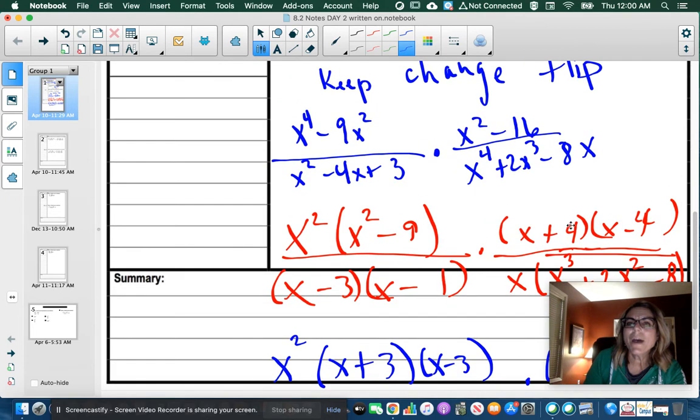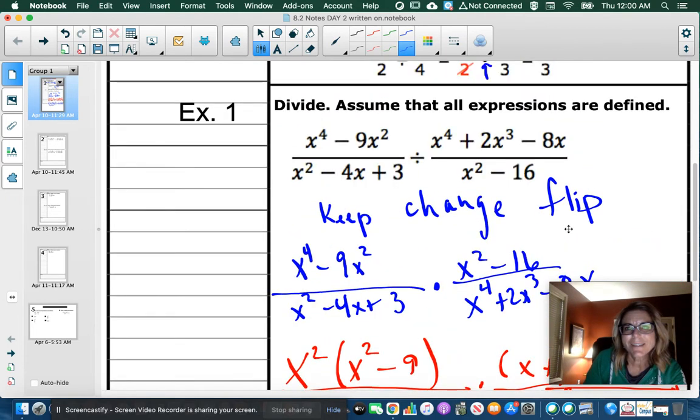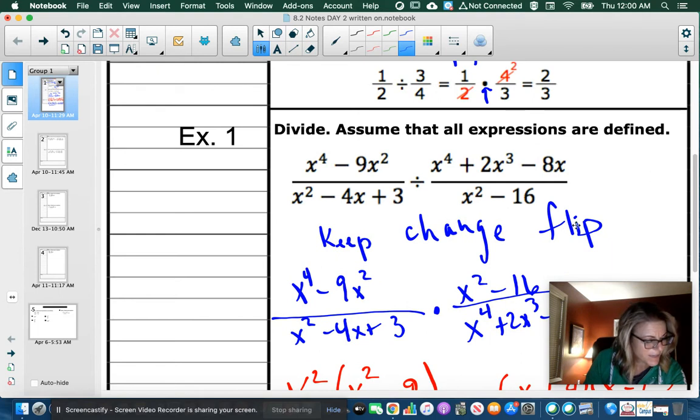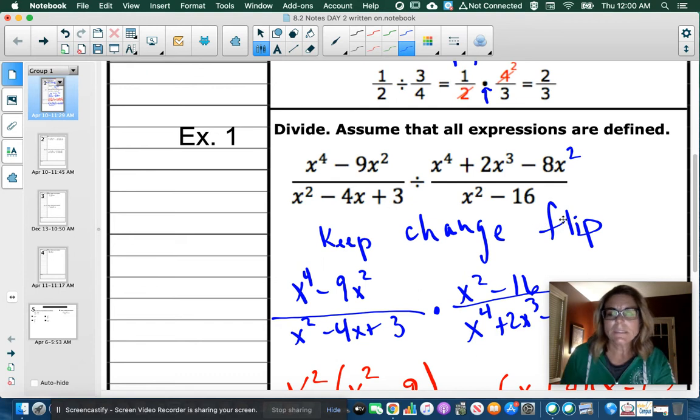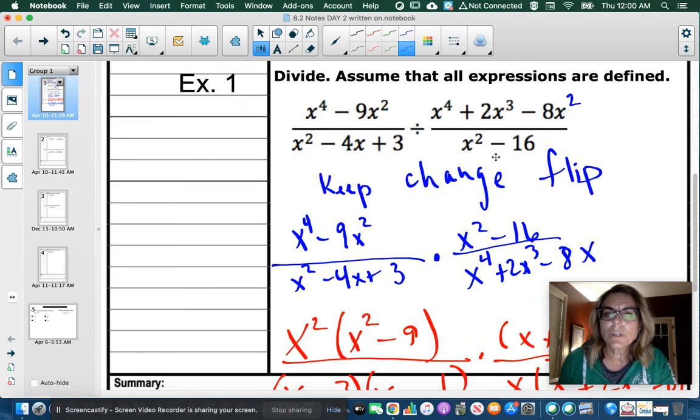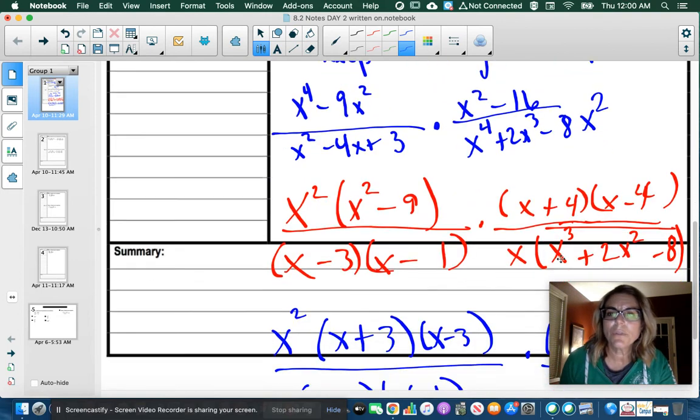Oh, you know what? I just remembered something on this problem. There was a typo on this problem, I remember. We need a squared there. That's all right. We're going to go back and fix that, which means that's squared, but that's going to change a couple things.